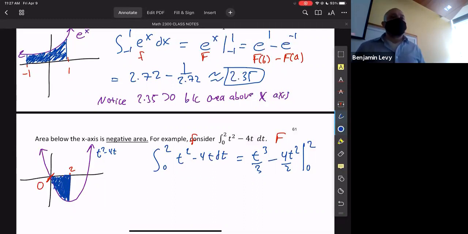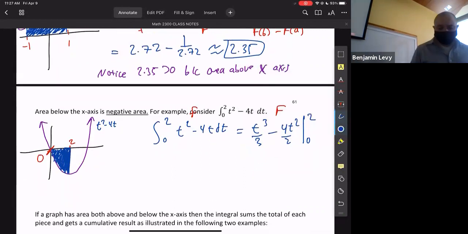And now we have 2 terms, right? So plugging things in is a little more challenging because we have 2 things to plug it into. Let's just be a little bit careful about what that looks like. It looks like this, right? That's F of 2, so that should be a 2 in there, not a 3.